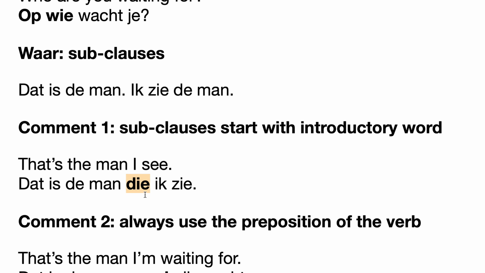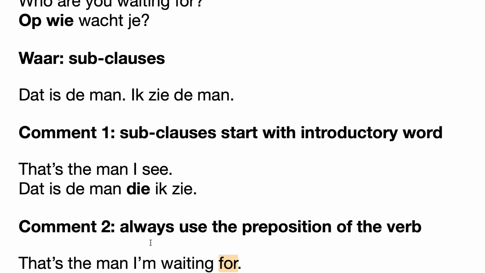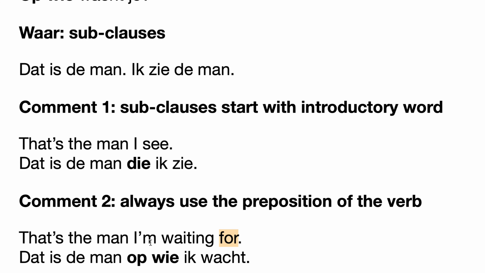And here, that's the man I'm waiting for, the for will be in the middle and between the two sentences. Dat is de man op wie ik wacht. And the wie, why is it the wie here? Because we're talking about a person, then we're going to use wie.